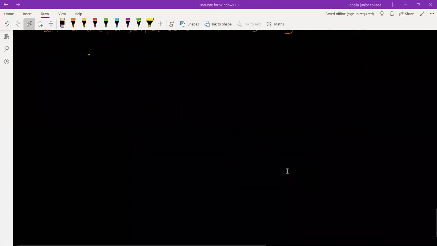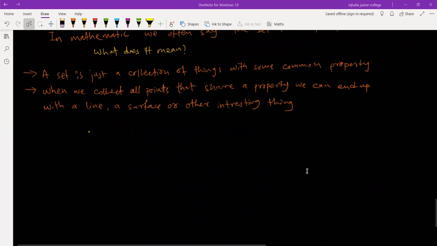Now, suppose I have a point. You can see here I have a green point, and here another green point, point, point.